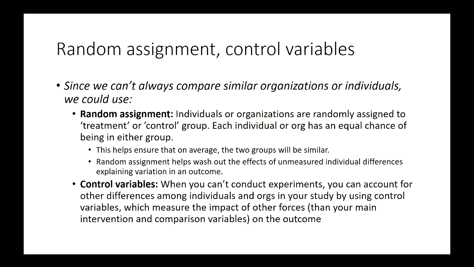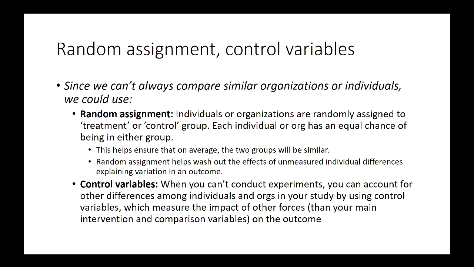The problem with that is you don't have random assignment. Right? You're not randomly assigning people to mergers and acquisitions compared to not mergers and acquisitions. Maybe there is a selection problem. What is a selection problem? Certain kinds of companies are more likely to choose mergers and acquisitions. Larger companies are more likely to engage in mergers and acquisitions. Smaller companies are less likely to engage in mergers and acquisitions.